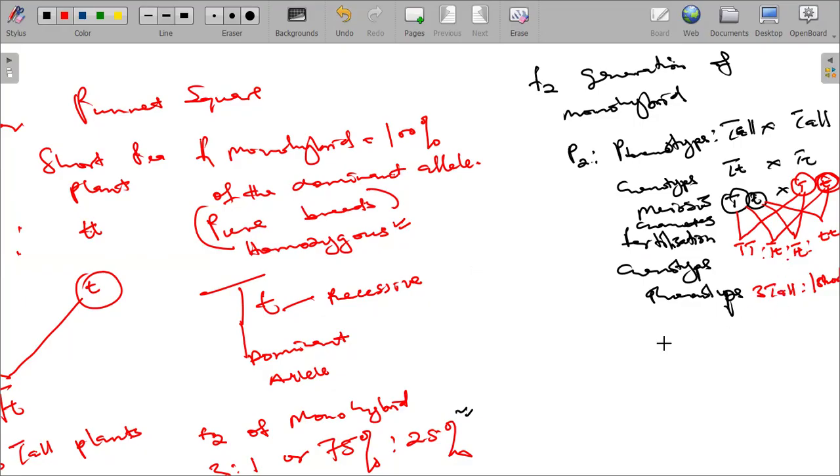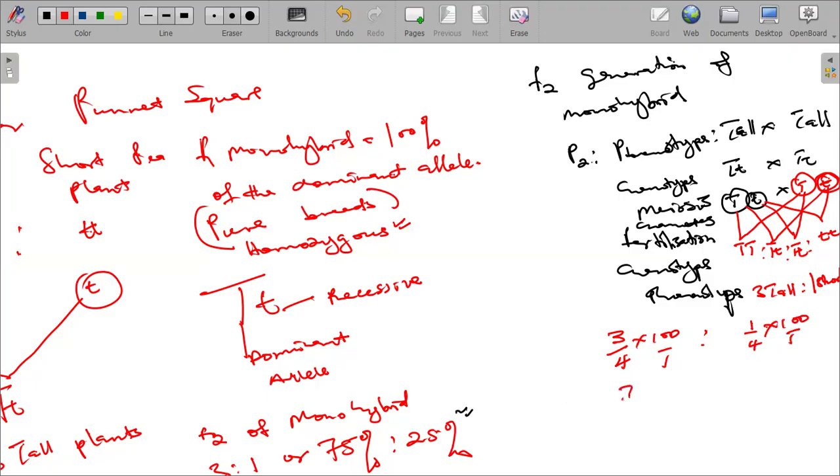So 3 tall to 1 short. As a percentage, the chance is 3 over 4 multiplied by 100 over 1, and 1 over 4 multiplied by 100 over 1.